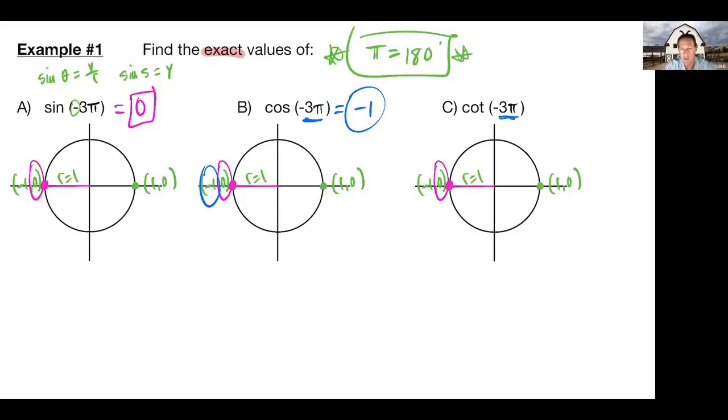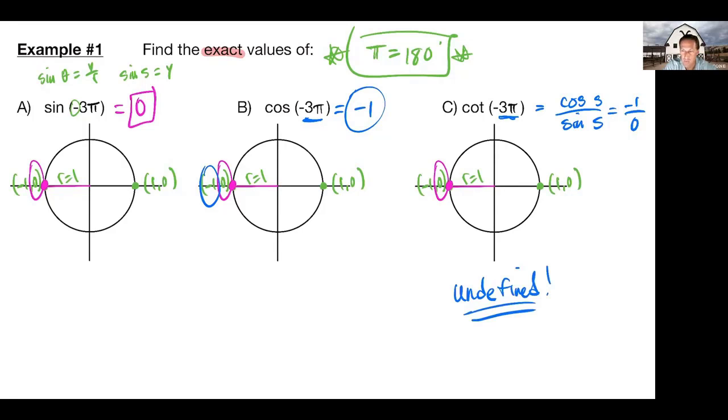So there's our answer. Hopefully you got that, because then if you do, cotangent, hopefully you know also is cosine of an angle over sine of an angle. Because remember, it's the reciprocal function of tangent. And since we have both of those things, we can just put -1 divided by 0, which means therefore our answer is undefined.